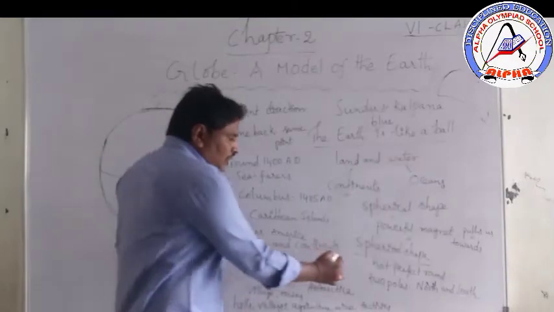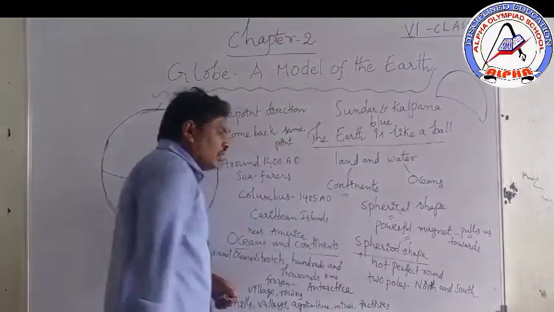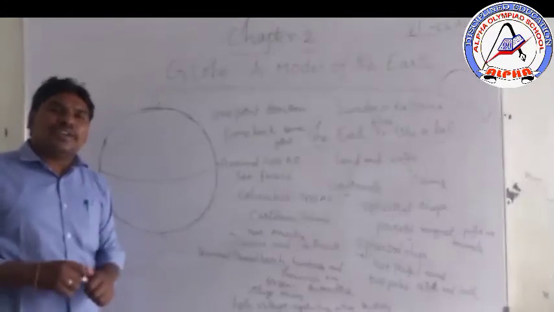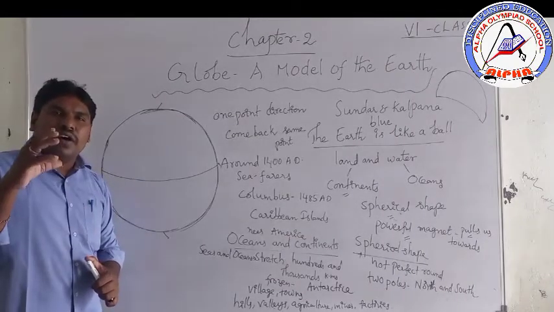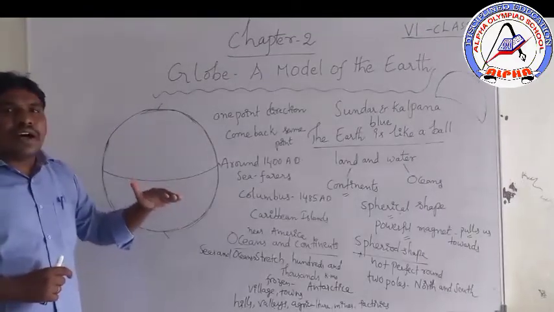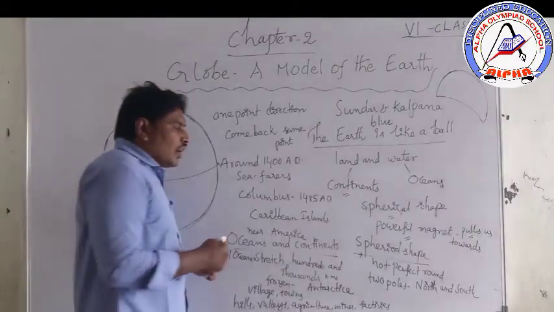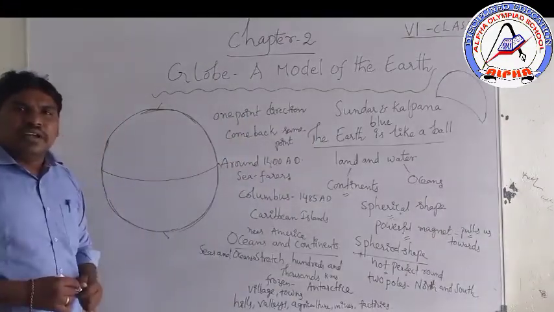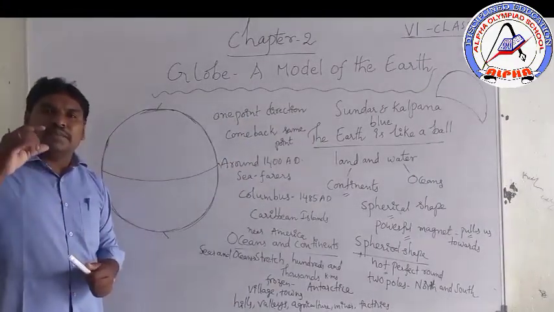Next part in this lesson, spheroid shape. You already know that sphere means round, or ball. Actually, the earth is not a perfect round shape, not a perfect sphere.